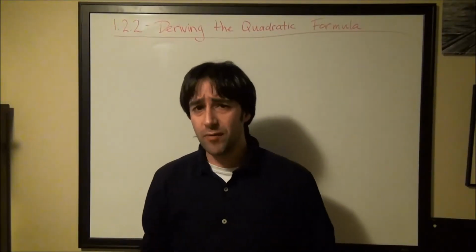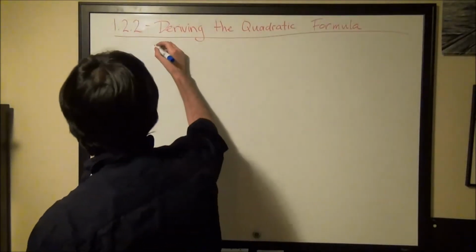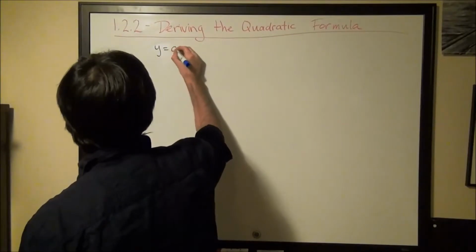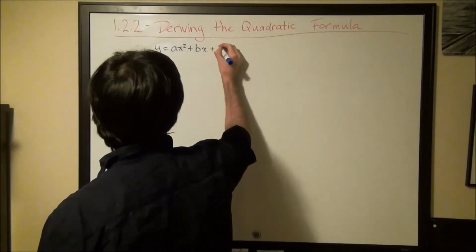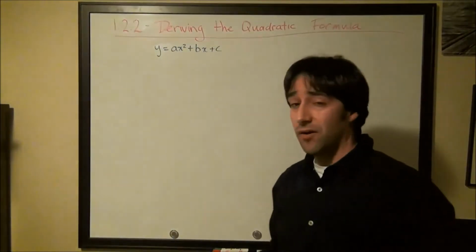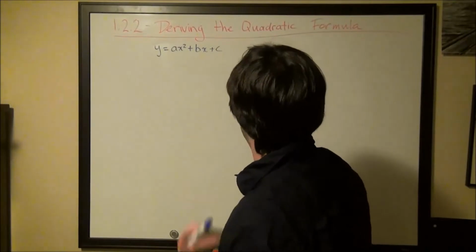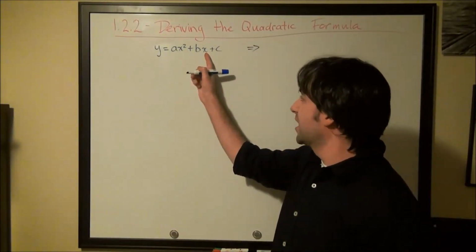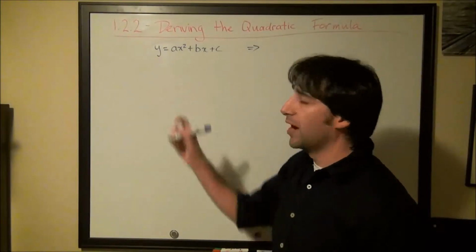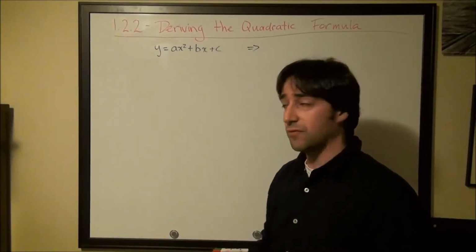Alright, let's get started. The way we start is by writing the general form of the quadratic function. So we say y will equal ax squared plus bx plus c. Now, as an annotation, we note that the value of x that is a root is necessarily the value of x that returns y equal to 0, because y equals 0 is a necessary condition of the root of the function.